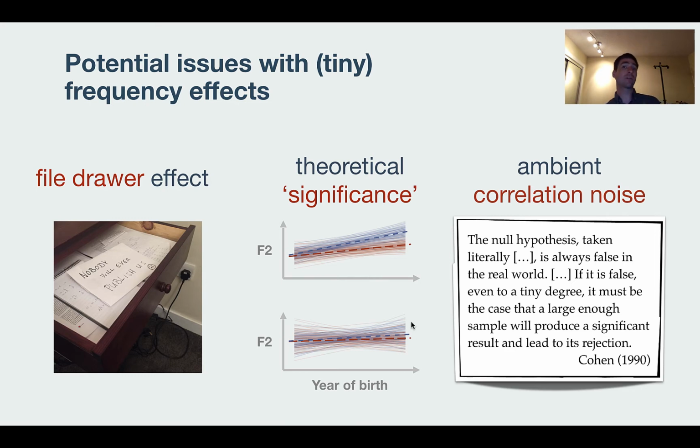But what we often actually find in reality when we look for frequency effects is a lot more like this, right? We have an average pattern that is maybe significant, but the individual words are doing all kinds of different things. And in general, when you just look at the individual words, you don't see much of a pattern at all. And I think the main problem here is that when you have a case like this, I don't think we are justified in developing an elaborate theory of frequency effects that is really focusing on those tiny effects that we are finding there, right?